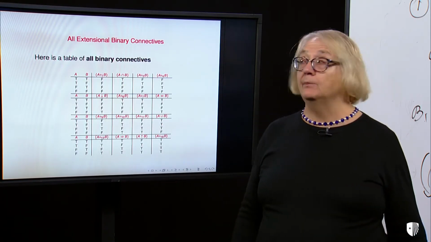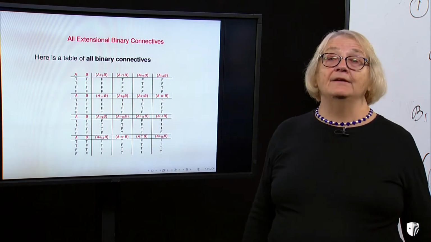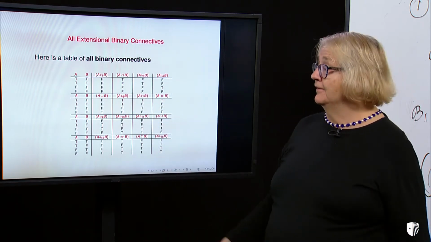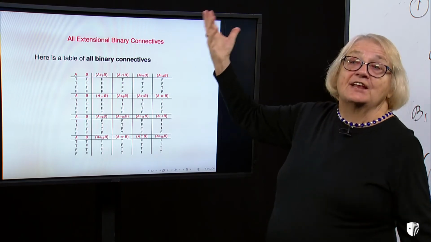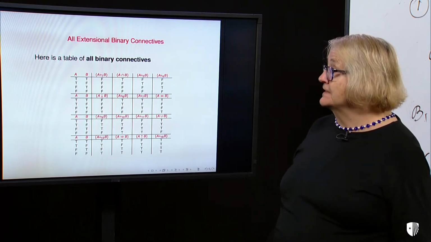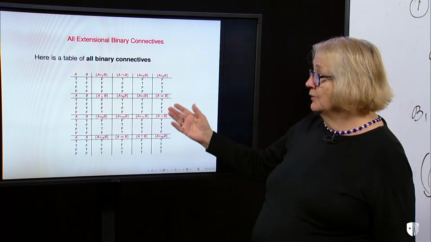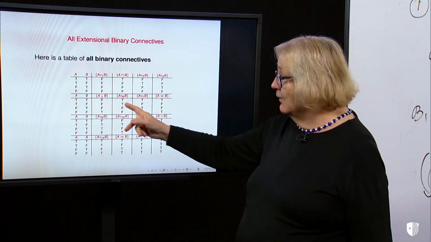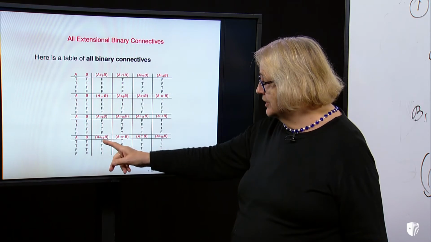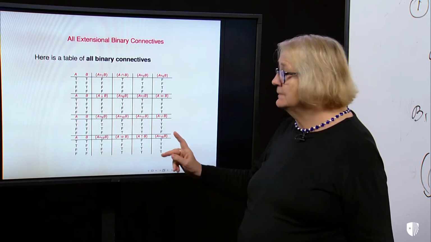And here you have a table of all binary extensional connectives. I listed all 16 of them, and some of them are our logical connectives, and they have special symbols.